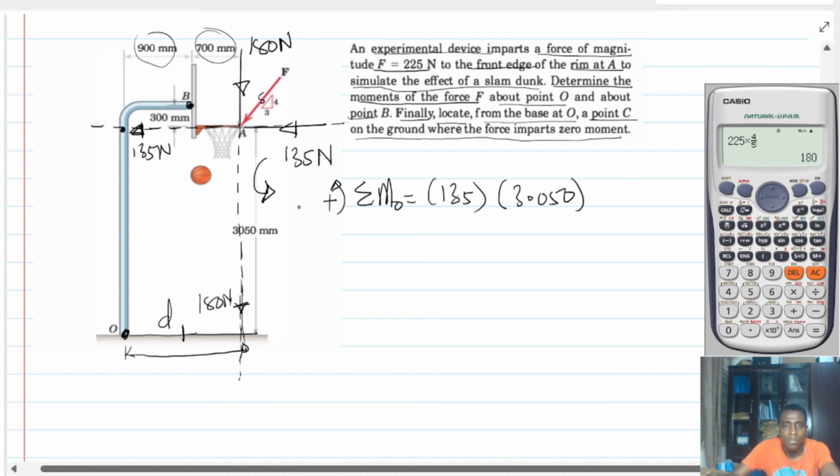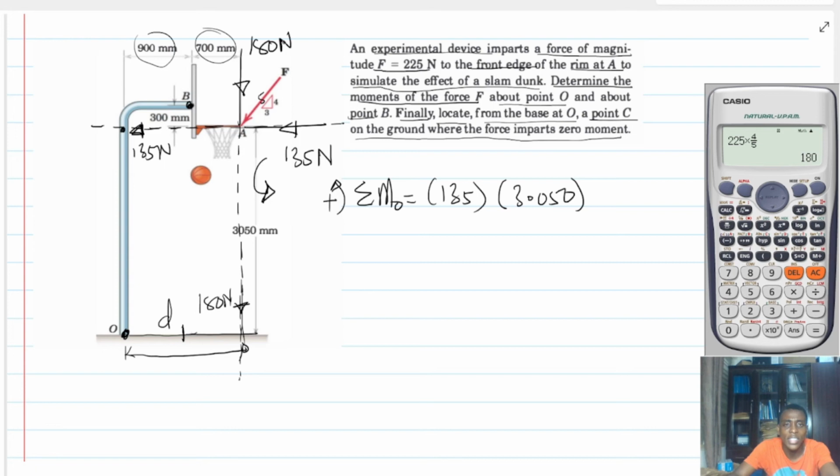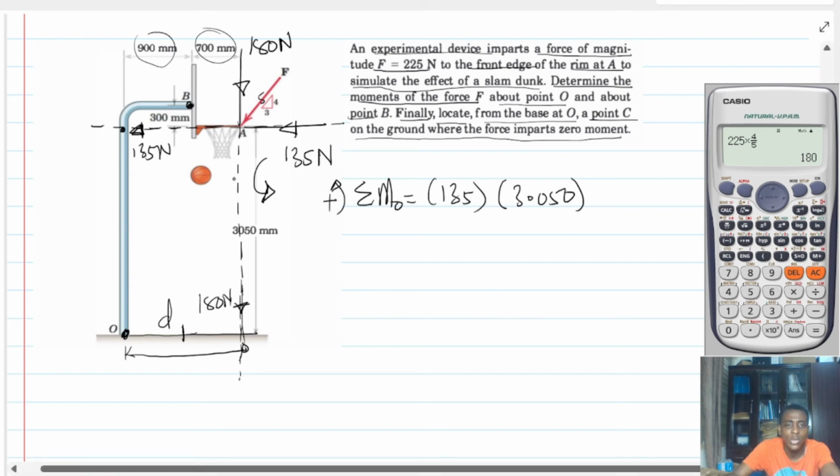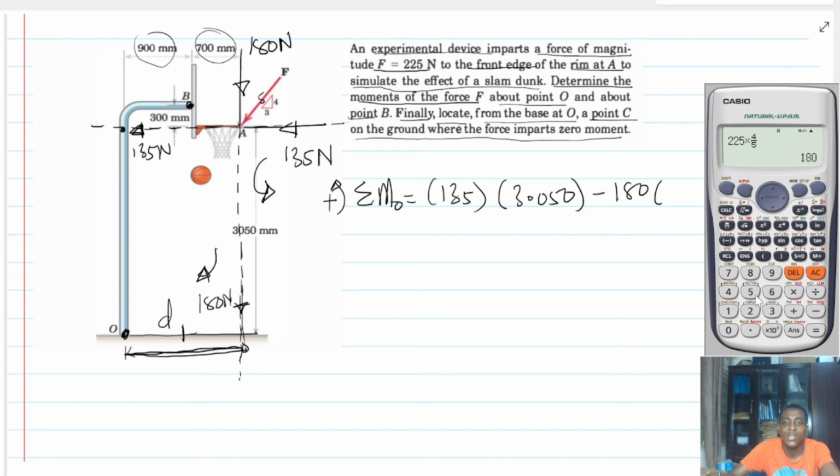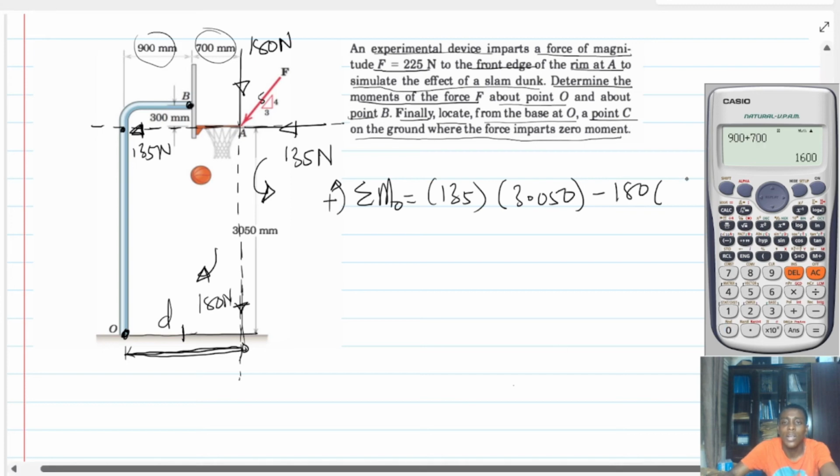And then I would look at the 180 Newton force. The 180 Newton force will cause a moment in this sense. And that is what? That is clockwise. So it's going to be minus 180. And then the moment arm at this distance is what? 900 plus 700, so 1600 millimeters.